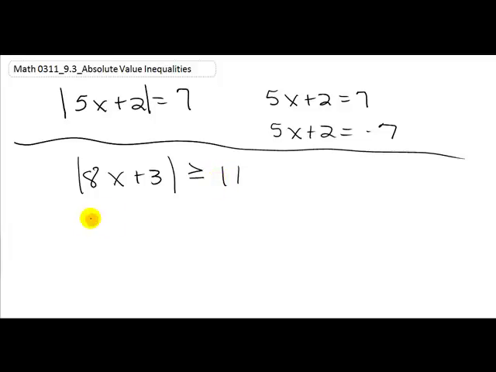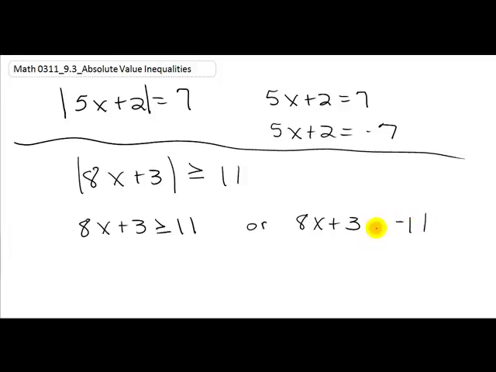And what we want to do is we want to rewrite this equal to the positive value. So notice everything's the same here. I just dropped the absolute value bars. And then the other is going to be to the negative 11.